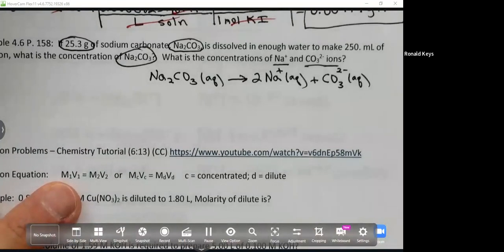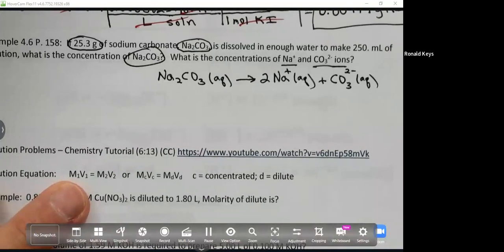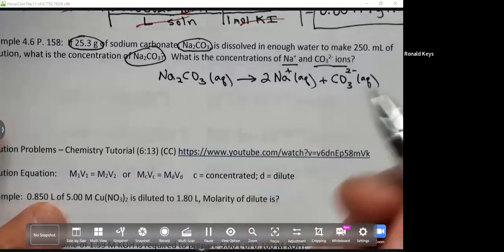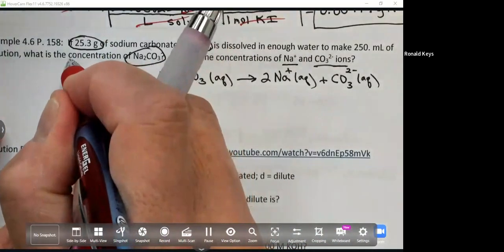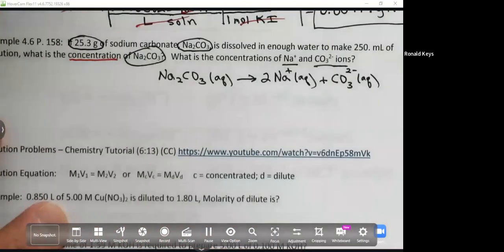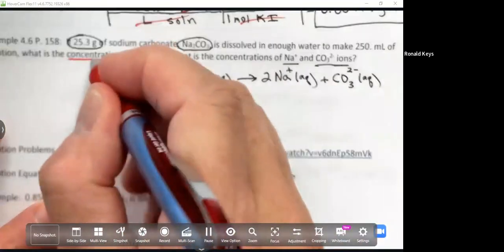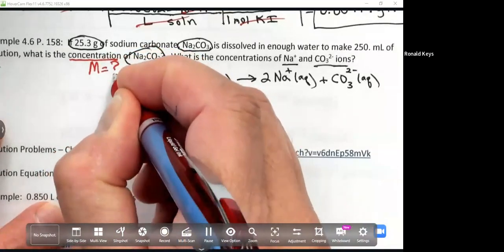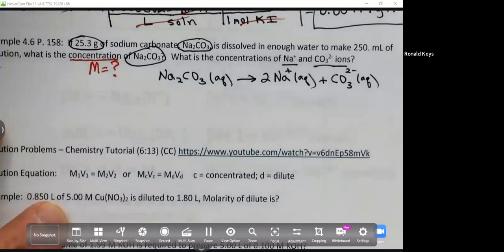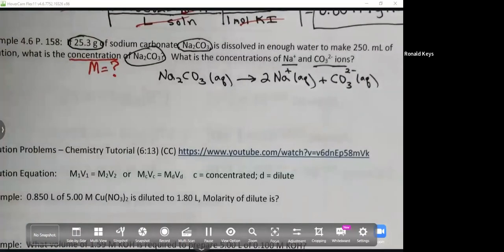Okay, let's calculate out. We need the concentration. We need the molarity of this. So if we need the concentration, we need moles over liters.